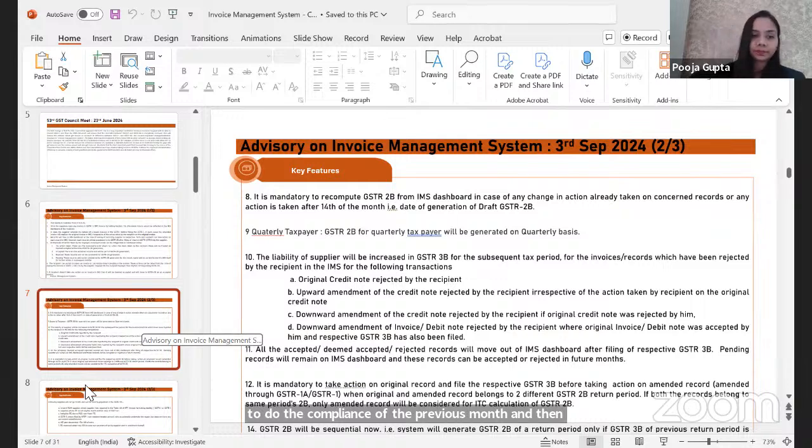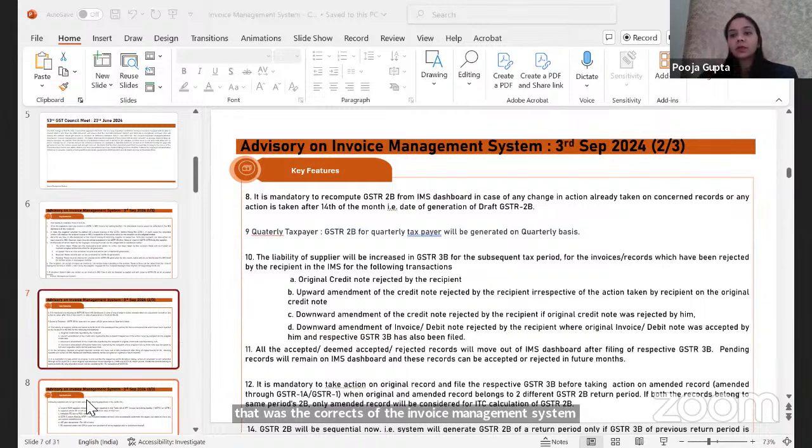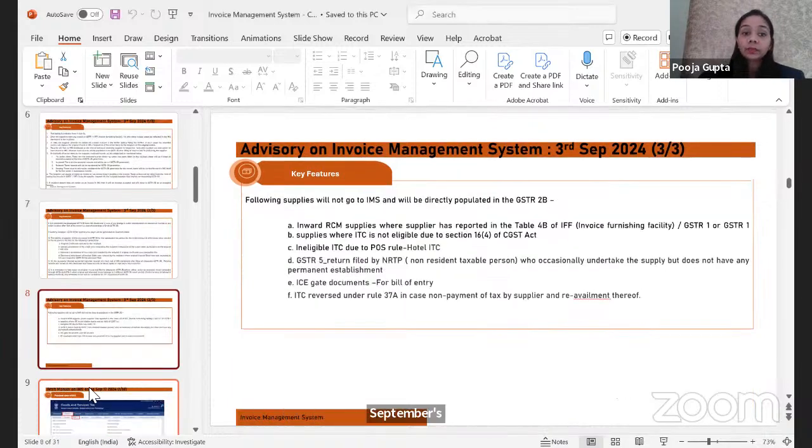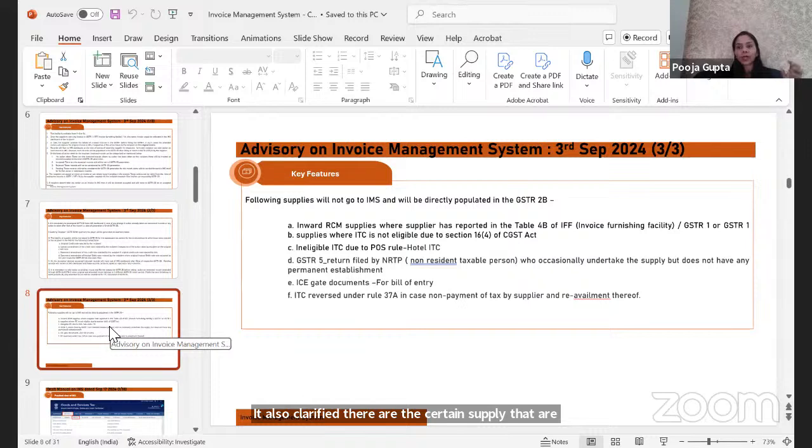That was the core of the invoice management system, the details provided in the advisory of the 3rd of September. It also clarified that all tax-paying documents will flow through the IMS dashboard, but there are certain documents that are not going to flow through it.